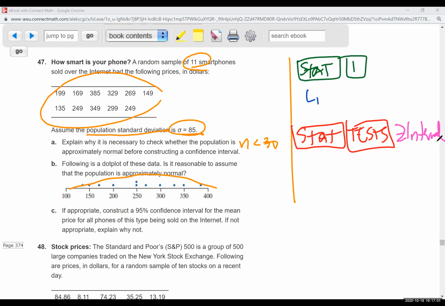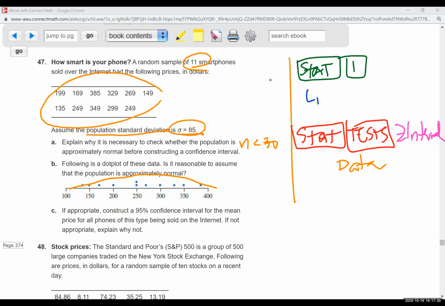And this time, since you enter your data into list 1, L1, you have to highlight data. There's no list. And then enter.